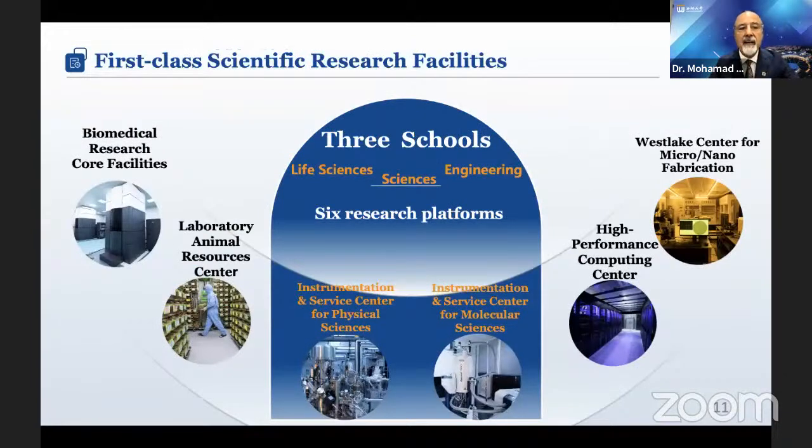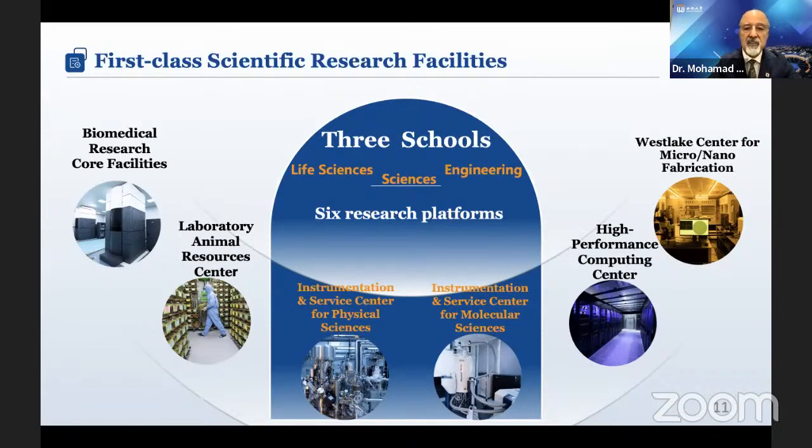In terms of research facilities, we have 3 schools in Westlake so far. We focus on those 3 schools, and every school is also focusing on very hot topics: life science, science, and the School of Engineering.